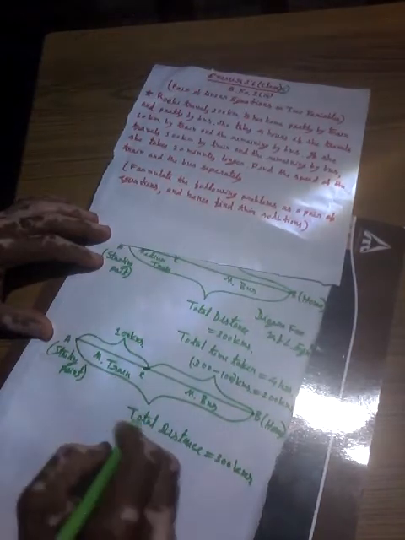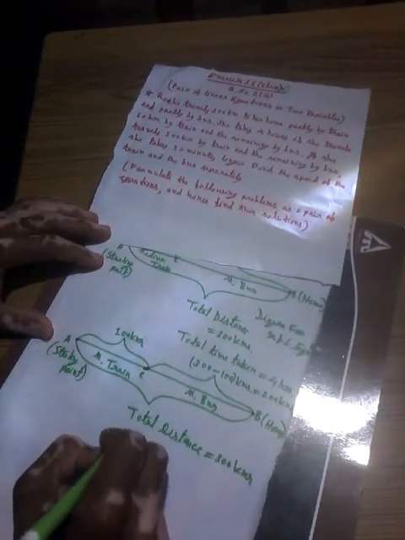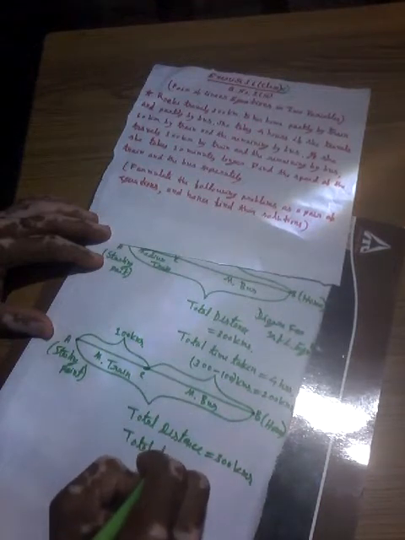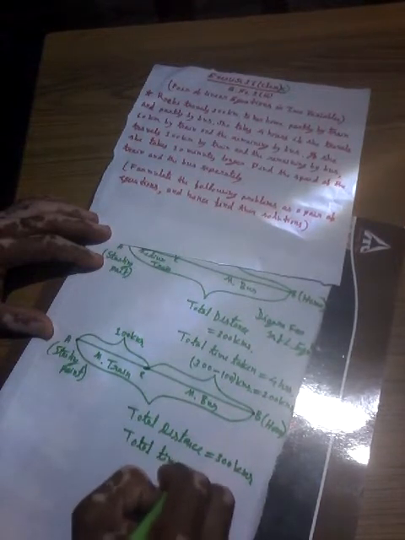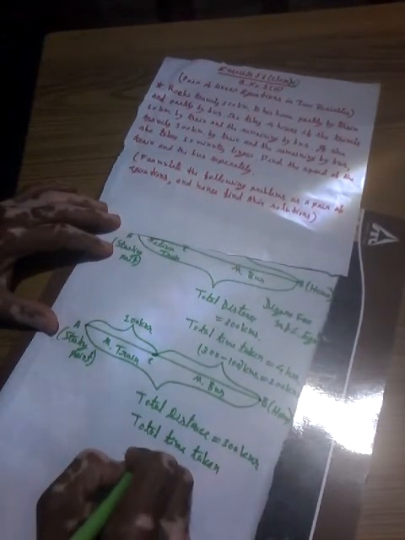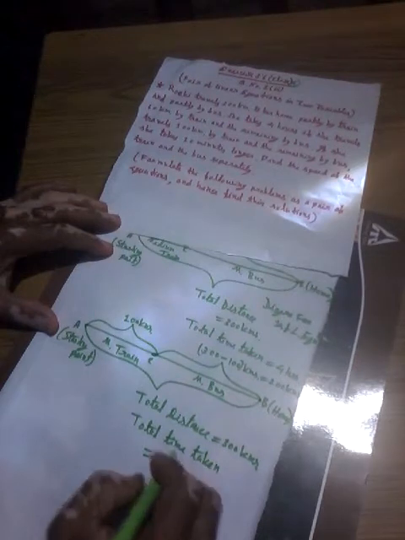And the total time taken this time by Rochi is, according to the question, 10 minutes longer, meaning 10 minutes more than 4 hours.